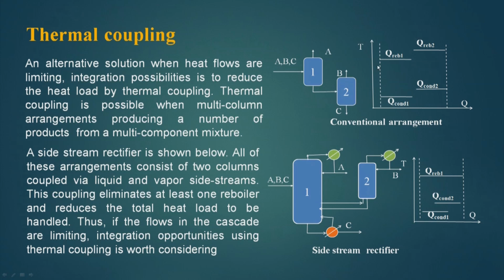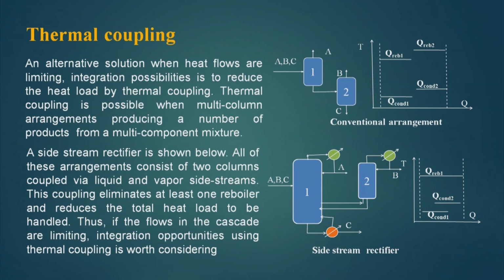Now, if I see the temperature levels here, reboiler 1 has this temperature level, and condenser 1 is at this temperature level, and for the second column, reboiler 2 is at this temperature level and condenser 2 is at this temperature level.